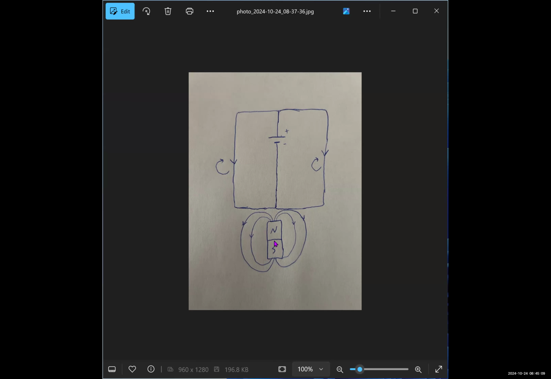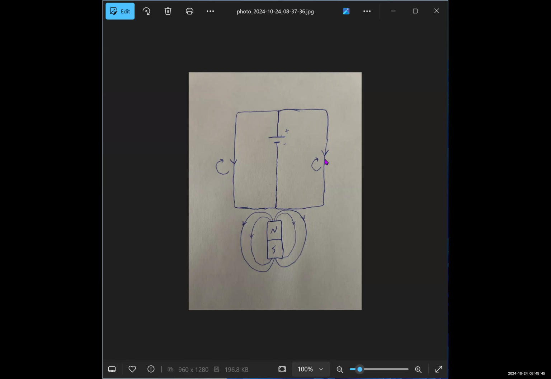And the other reason the magnet is there is to create a field near the wire. Let's say it another way, we have a current in the circuit. When we have a current in the wire, a field is created around the wire.